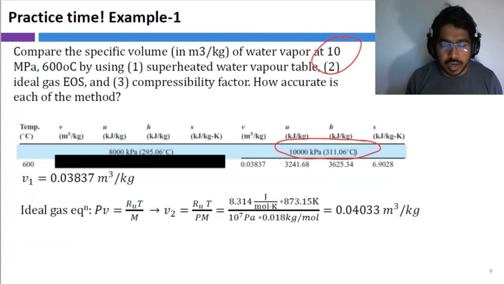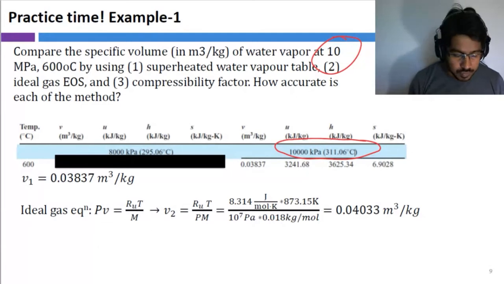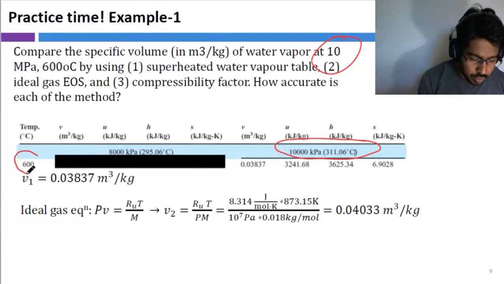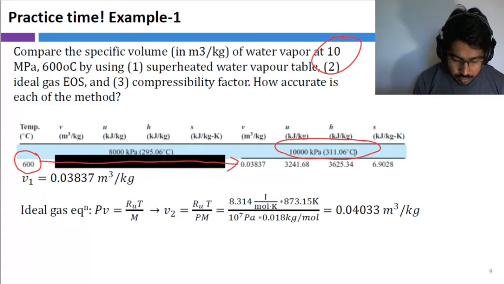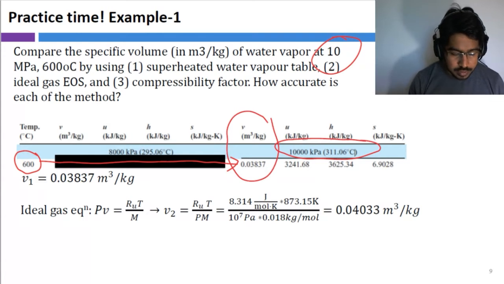We only had kilopascals, so instead of looking for 10 kilopascals, we have to look for 10,000 kilopascals, right? After locating your pressure range, you would locate your temperature value and go there and find your property, specific volume, right?